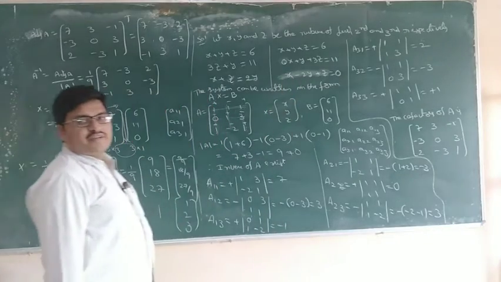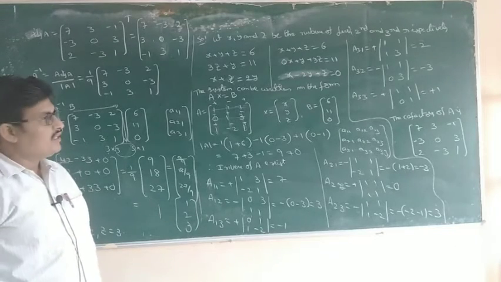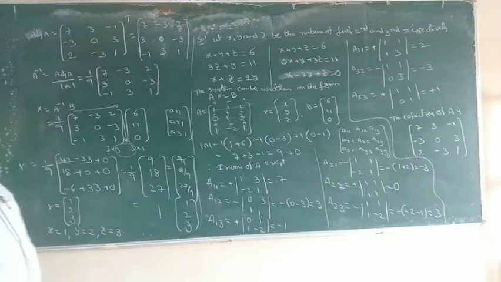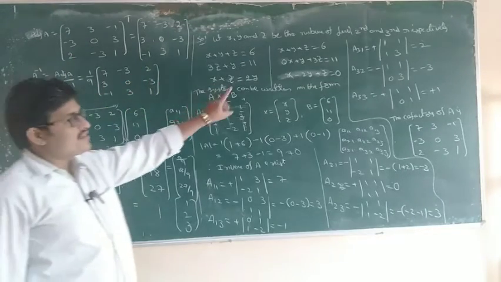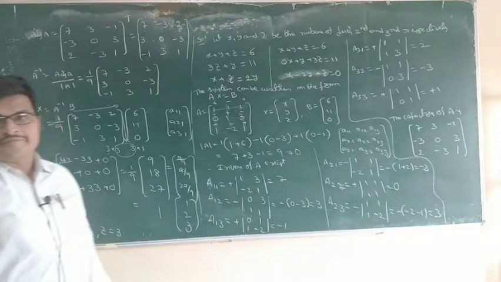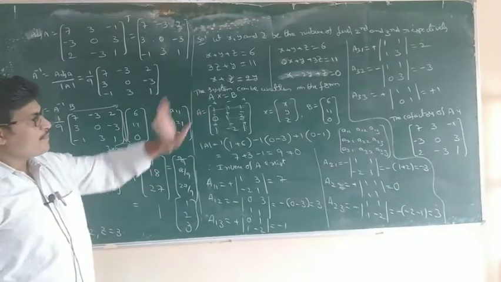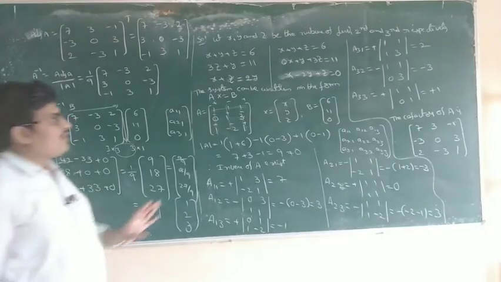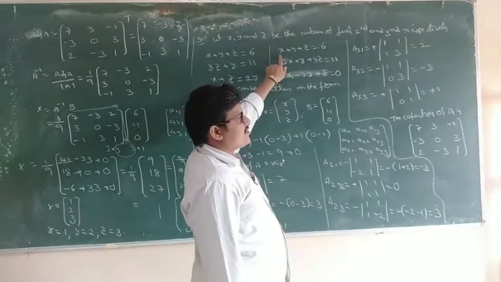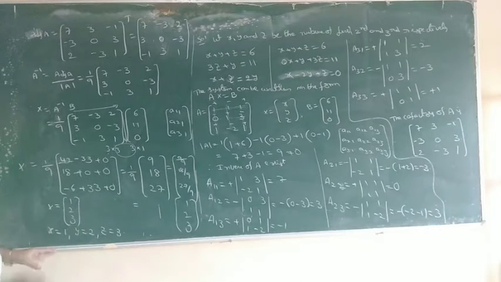The three linear equations will be satisfied. If one equation is satisfied and the remaining two are not satisfied, then these xyz values are wrong.